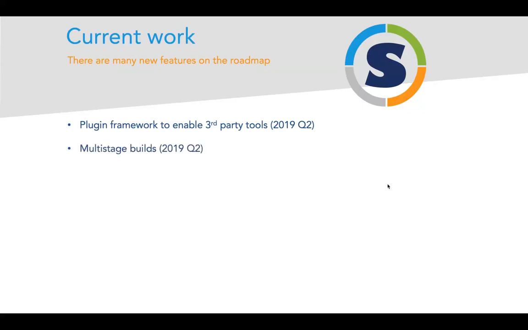We're also going to introduce multi-stage builds. This is something that a lot of users have been asking for. The basic idea here is that when you create a container, maybe you've got to compile, let's say, some Go binary. So in order to do that, you have to install Go inside the container, obviously. You have to have a compiler. You have to have kind of a big, heavy container.